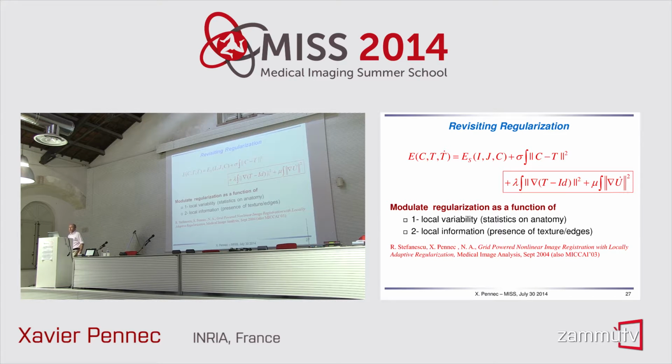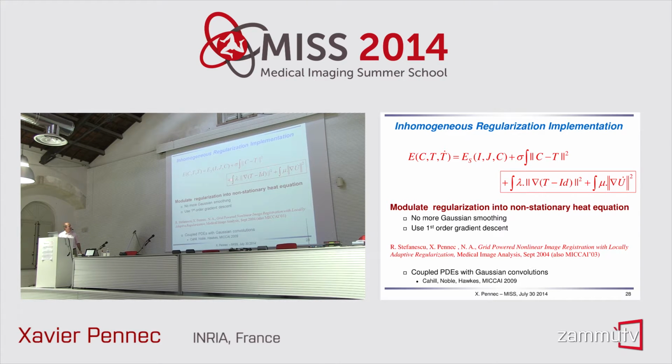So one idea to do that is to revisit the same criterion, but to revisit the regularization. Remember, in all this energy-based approach, we are weighting by some factor here. And this factor, instead of putting it outside, we put it inside of the integral. And now we make it space varying.